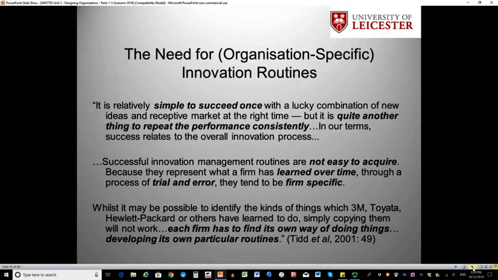And I'm sure in your own organisations, particularly if you're working in a product as opposed to a service orientated organisation, you will be very aware of perhaps some of the activities and some of the routines and some of the processes that you have to take an idea through, from inception through to commercialization or use.